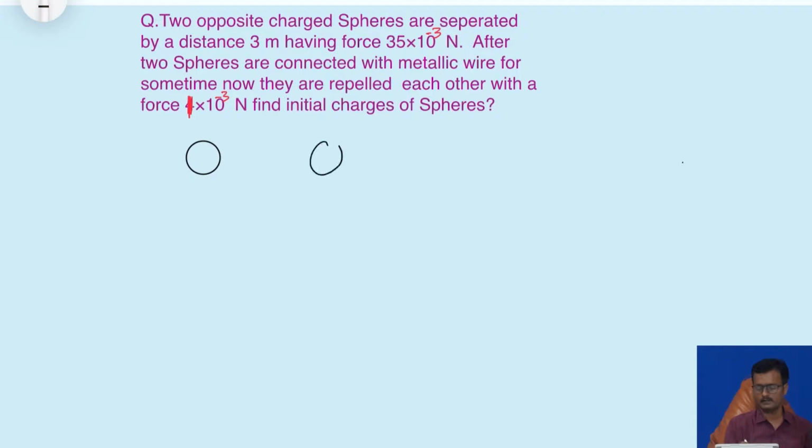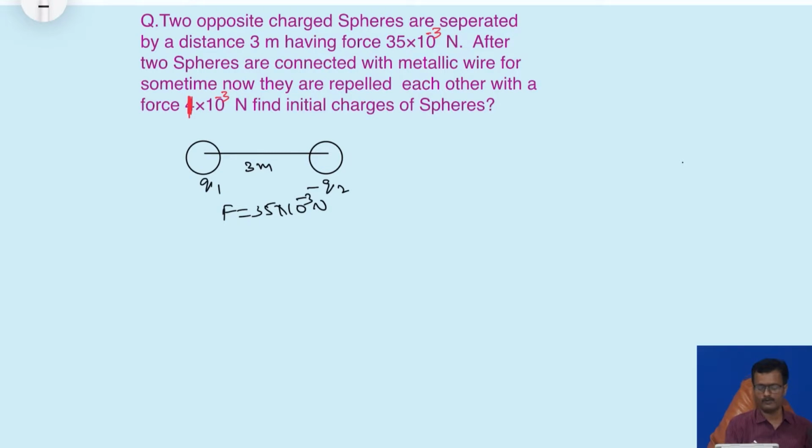Two spheres having opposite charges, so one is q1, other one is minus q2, which are separated a distance 3 meters, having a force 35 into 10 power minus 3 newtons. Okay, so this is the first condition.